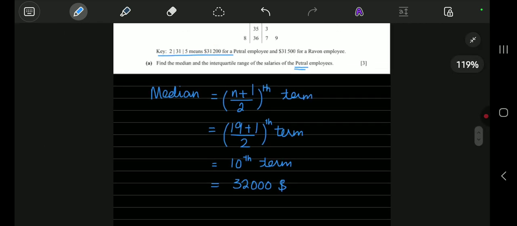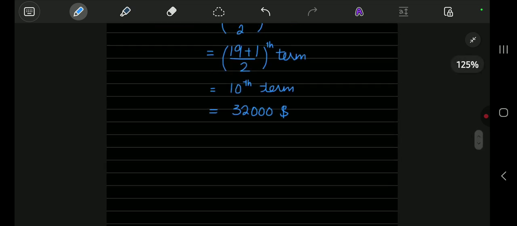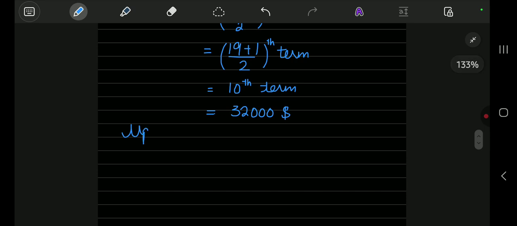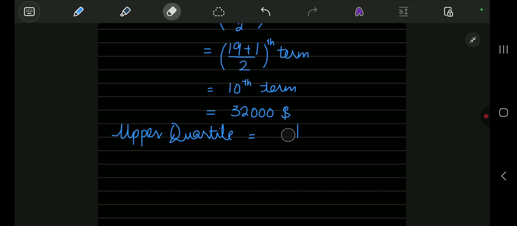$32,000. Now they ask for the interquartile range. That means we need to find the upper quartile and the lower quartile. So let's find that as well. For the upper quartile, the formula is 3 over 4 times the (n plus 1)th term.